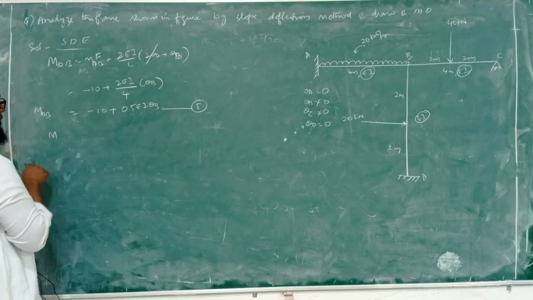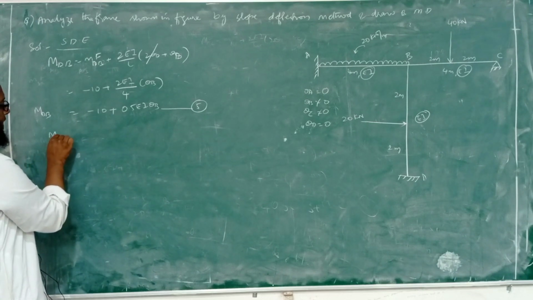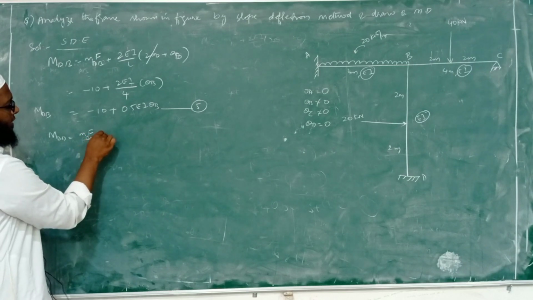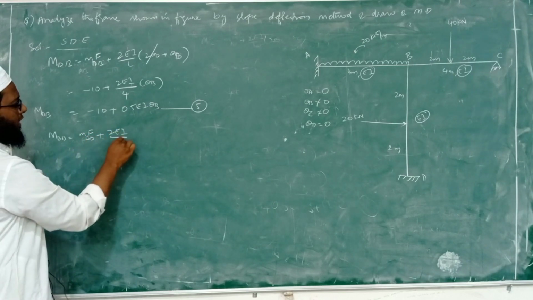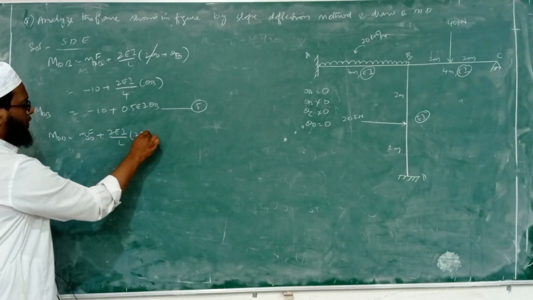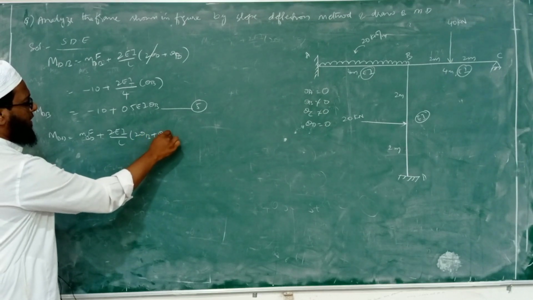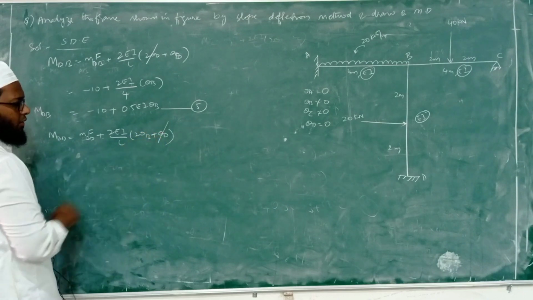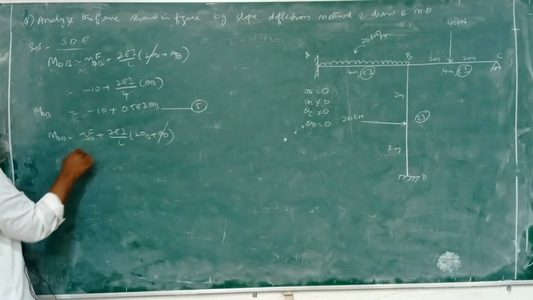Then we will go for another equation, that is MBD is equal to MFBD plus 2EI by L into 2 theta B plus theta D. Okay, again theta D is 0. So MFBD is how much?